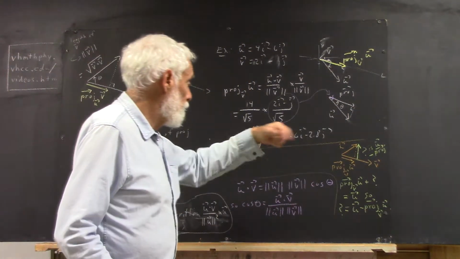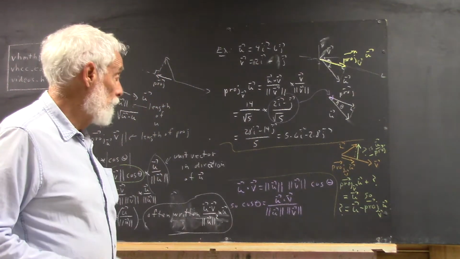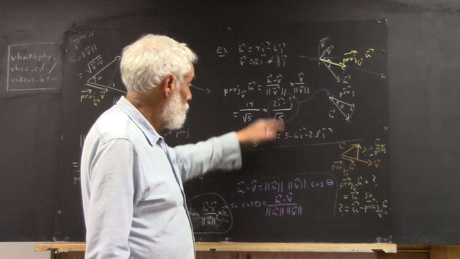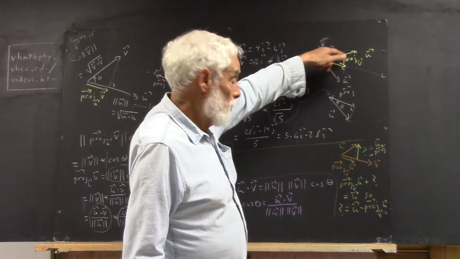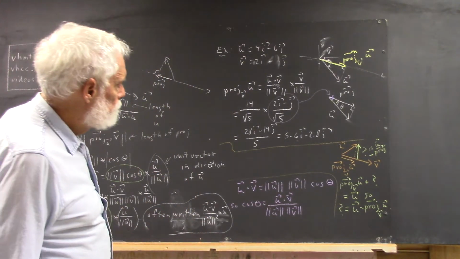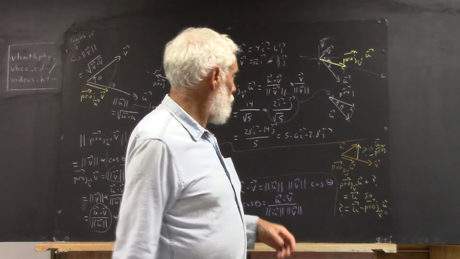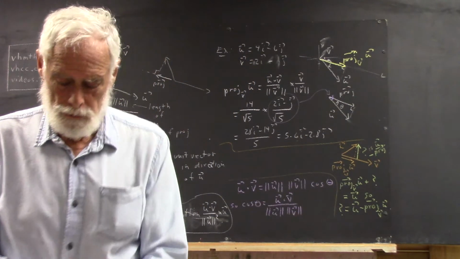Now I went ahead and did a calculation, and that calculation is straightforward and not particularly interesting. Once we're here, we can easily do the rest of the calculation and compare it with our picture to see that it's plausible. Another aspect of projections, well, we'll go on and talk about this separately.